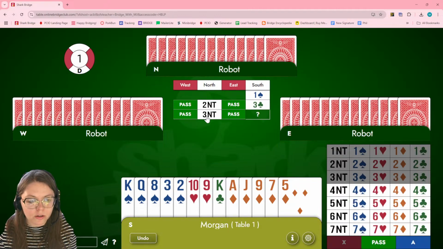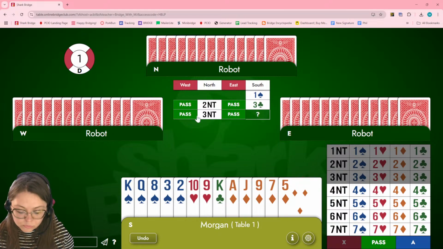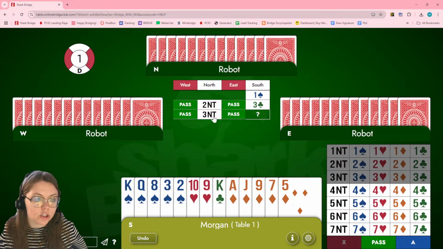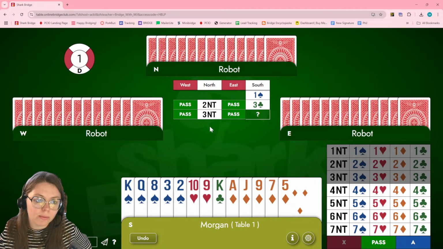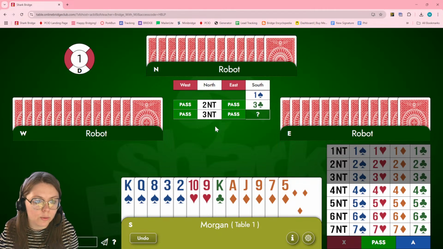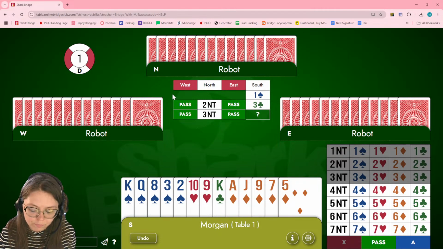And now my partner is bidding 3 no trump, saying that they are balanced, that they don't really have a clear direction. They don't have a nice Q bid to offer me, so they're going to bid 3 no trump. Sometimes people will play this as an offer to play as well, so maybe that's what the robot is meaning here. But either way, I'm going to pull us back to 4 spades.